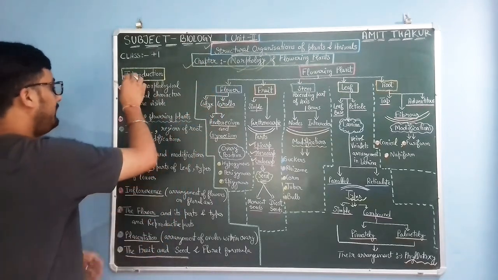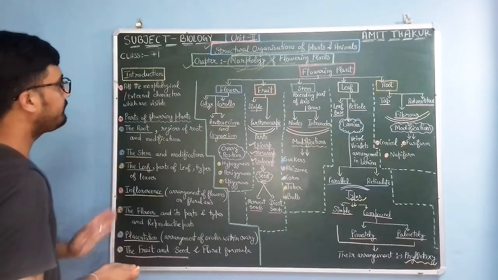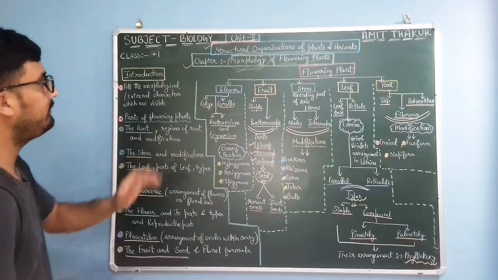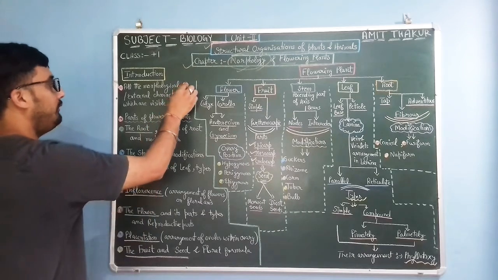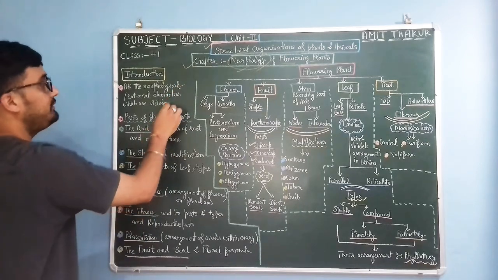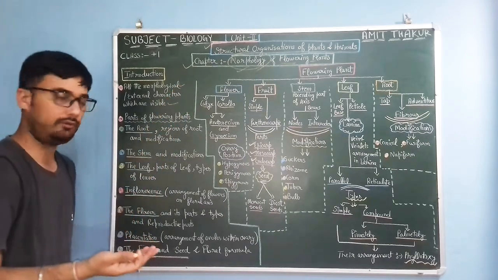These are the various topics which we will discuss in this chapter. All the morphological or external characters which are visible mean morphology.